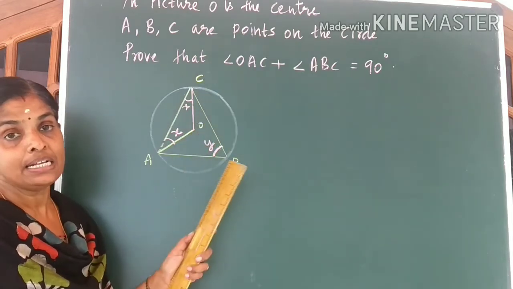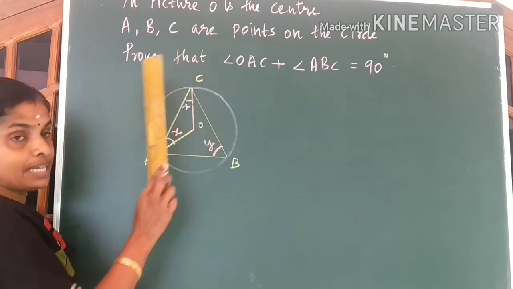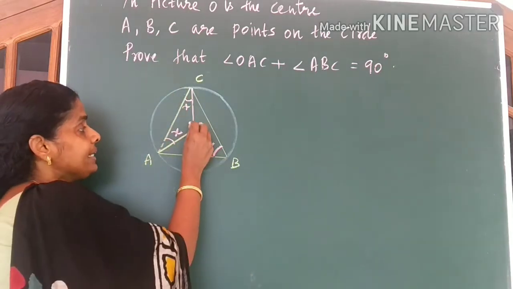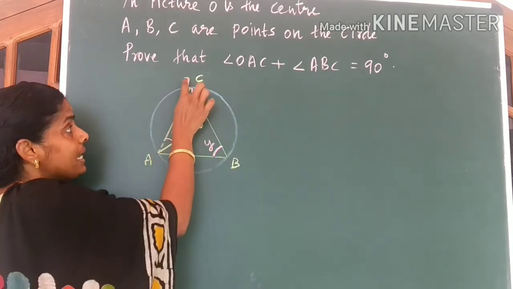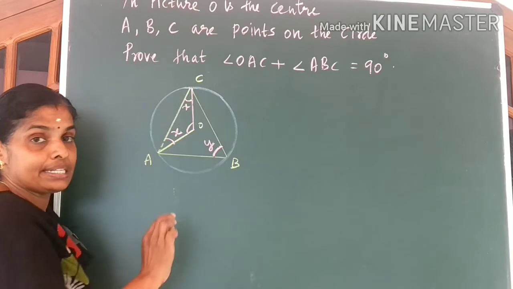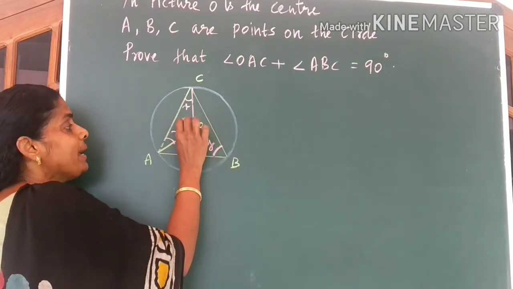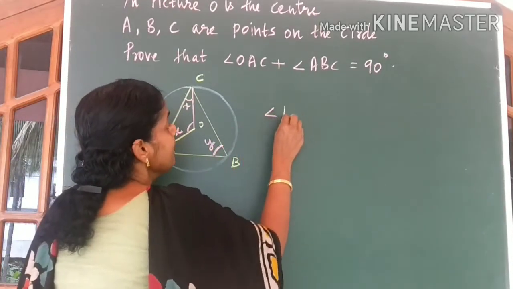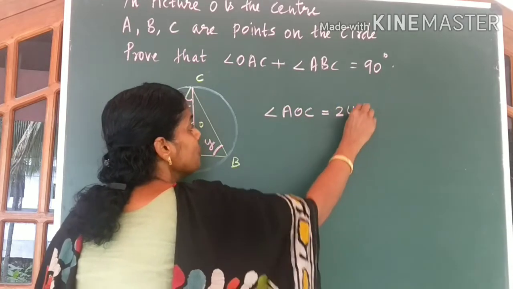AOC is the central angle of the arc AC. So, the central angle would be equal to double of the angle made by AC on its alternate arc. So, I can write angle AOC to be equal to 2y.